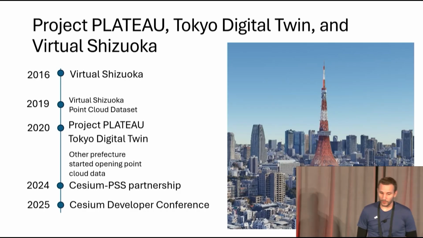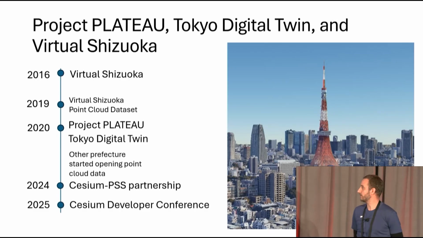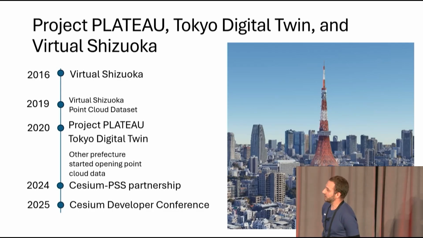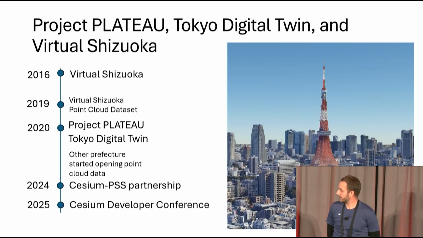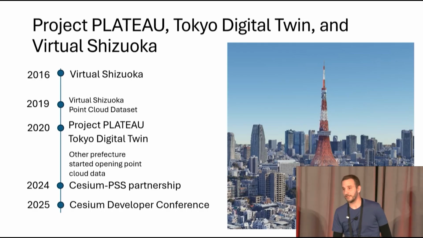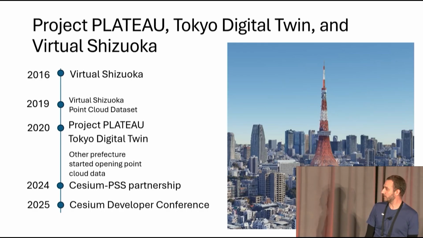Virtual Shizuoka made a whole point cloud dataset open in 2019, which is pretty amazing to see. 2020 was Project PLATEAU and Tokyo Digital Twin. And yeah, I will explain a little bit more. I think we have people from Tokyo Digital Twin here today too, so it's really nice. And 2024 is when we started our partnership with Cesium.